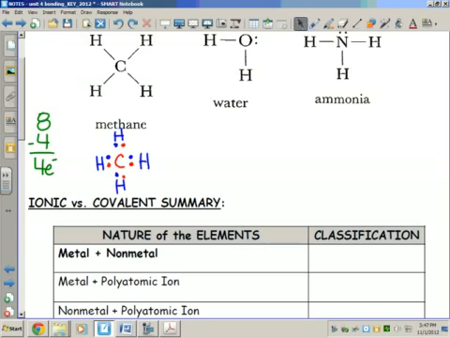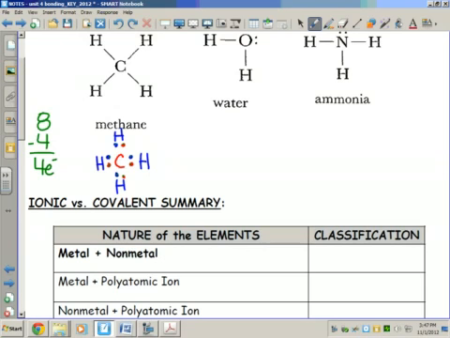And what you'll notice is that if neither carbon nor hydrogen gain or lose electrons, but instead they share their valence electrons, then carbon gets ownership, at least partial ownership, of 1, 2, 3, 4, 5, 6, 7, 8 valence electrons by forming 4 covalent bonds with hydrogen.